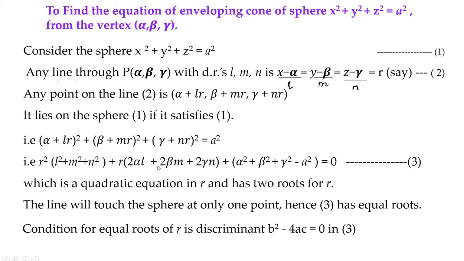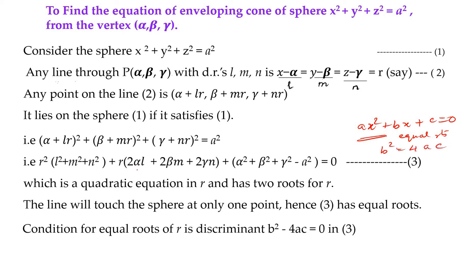If there are two roots, the line will touch the sphere in two points, but since it is a tangent, the two roots will coincide. For a quadratic equation to have two coincident roots, the discriminant must be 0. For a quadratic equation ax square plus bx plus c, equal roots require b square equal to 4ac.